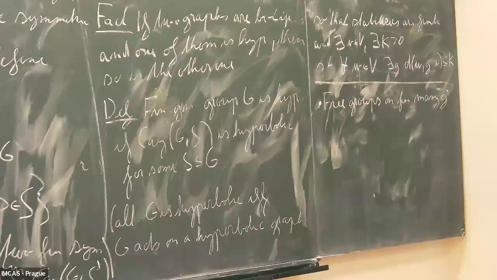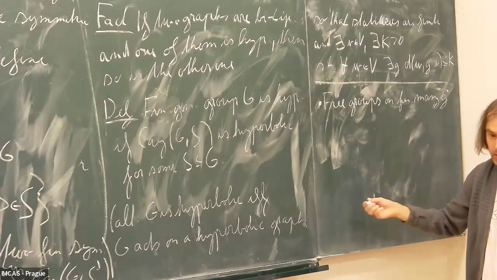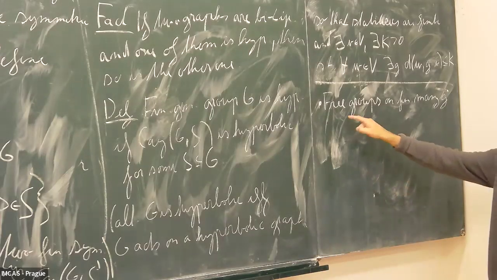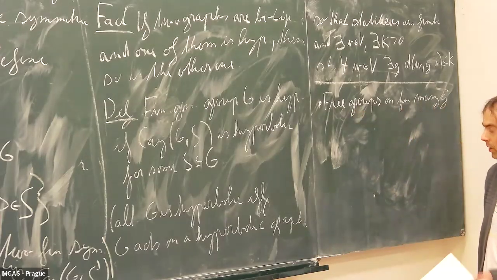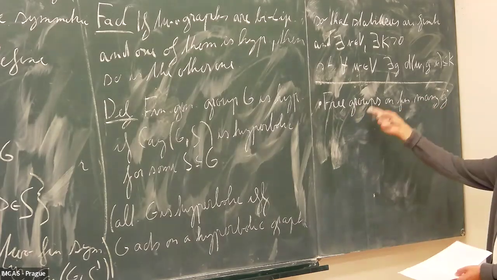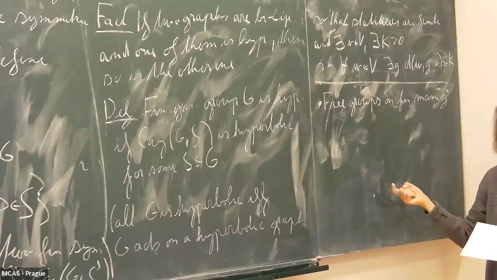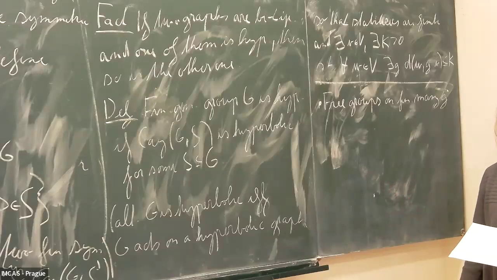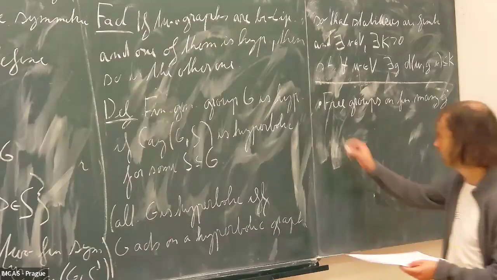The reason is that the Cayley graph of a free group with respect to these free generators is a tree. Or you can just generalize this to groups which act on locally finite trees with finite stabilizers.